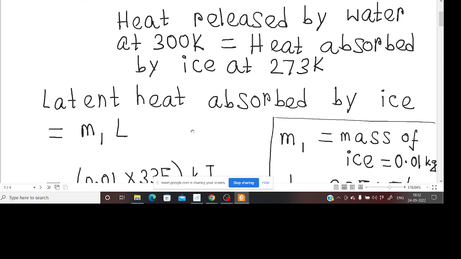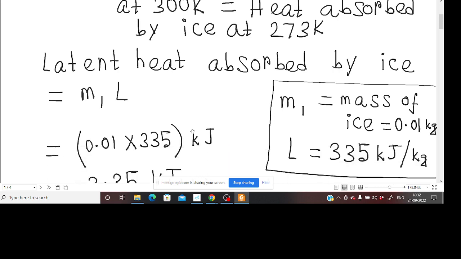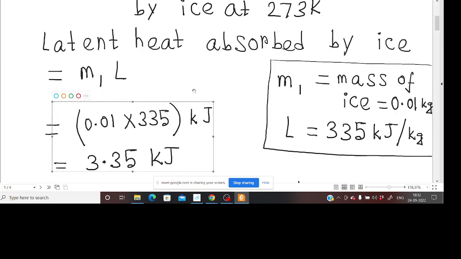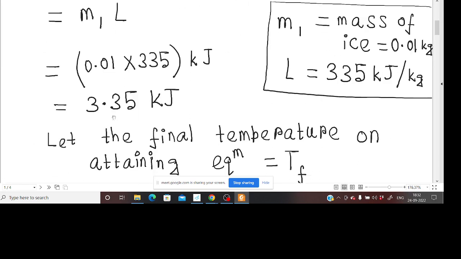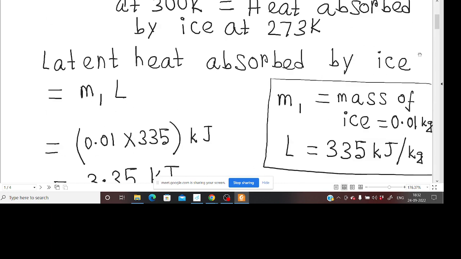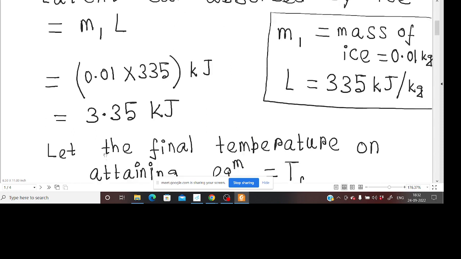Okay, and this is equal to m1 into L, where m1 is the mass of ice and capital L is the latent heat per unit mass. Okay, this is given already. So just put these values and you get this thing. The latent heat absorbed by ice at temperature 273 Kelvin is equal to this thing.